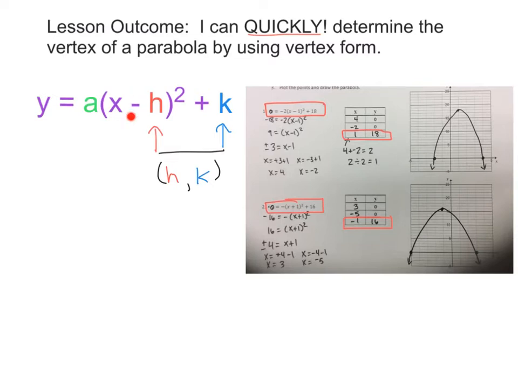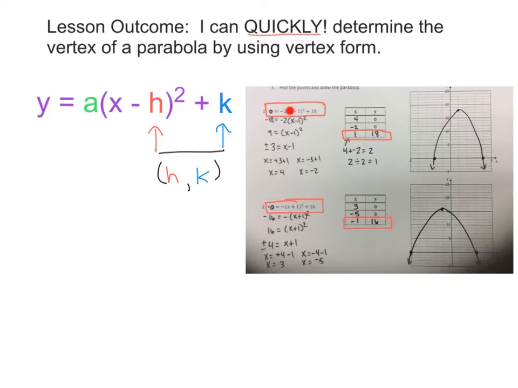Now, because of this minus sign right here, things are a little bit tricky with this sometimes. The general form of an equation in vertex form has a minus sign here already. So then if our x value is positive 1, we plop that in right here as a 1. It looks like x minus 1. But the x value is positive 1.